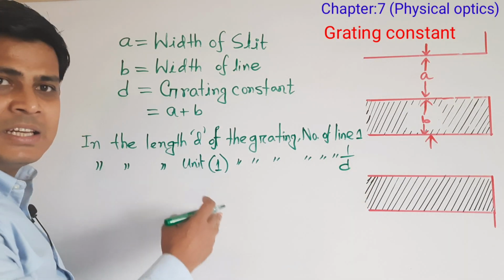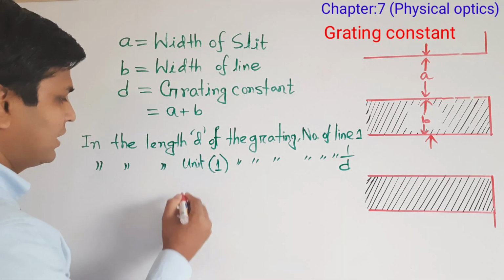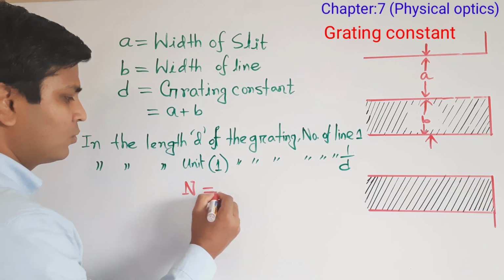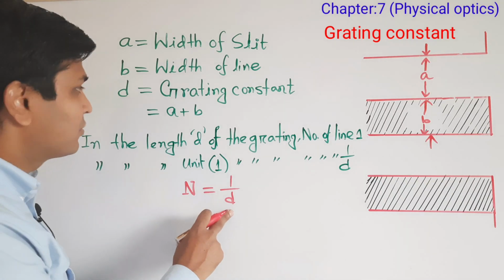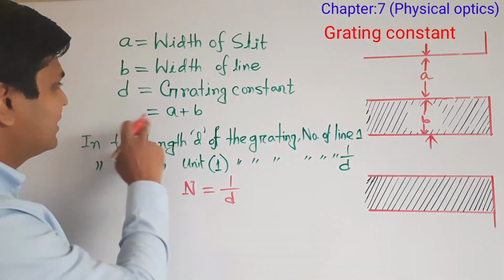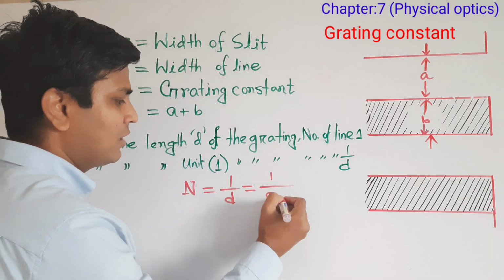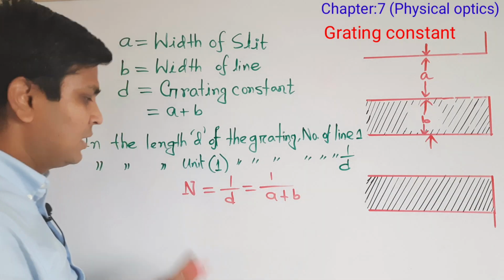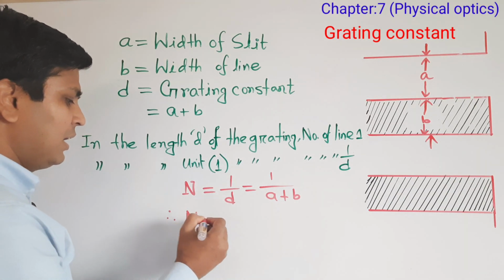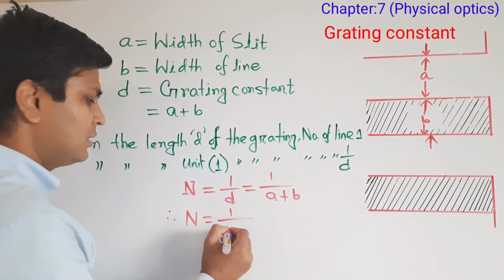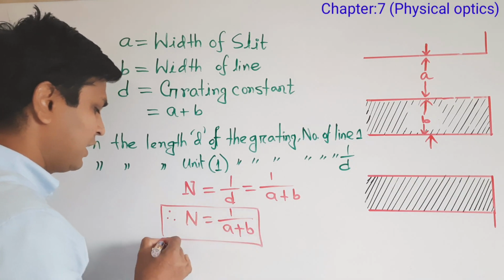The number of lines in unit length is denoted by capital letter N. So we can write N equals 1 by d. As you know, d is the grating constant, and its formula is d equals A plus B. So we can write N equals 1 divided by A plus B. This is the formula of the grating constant.